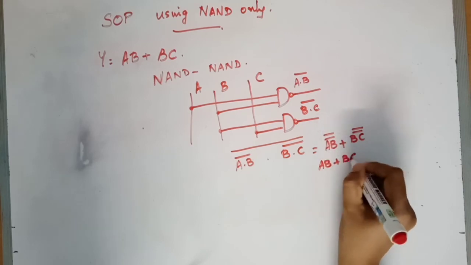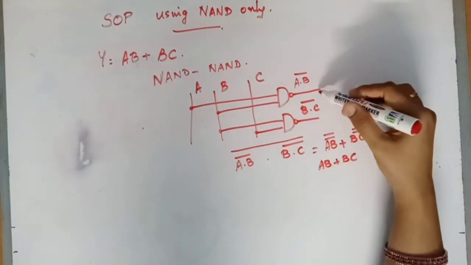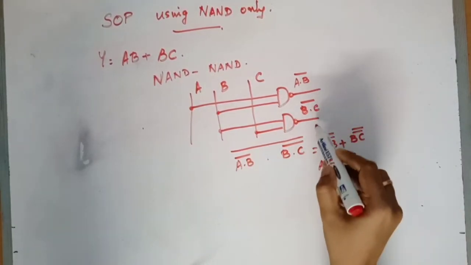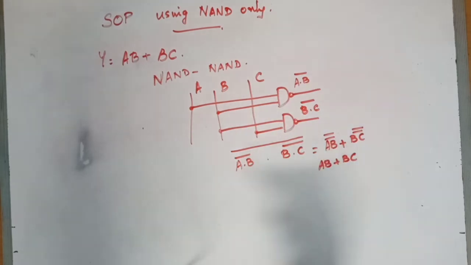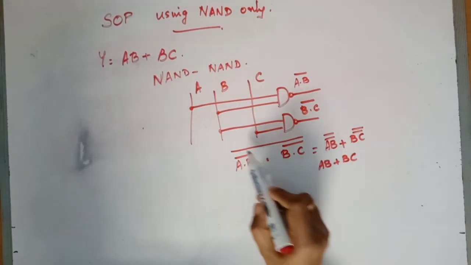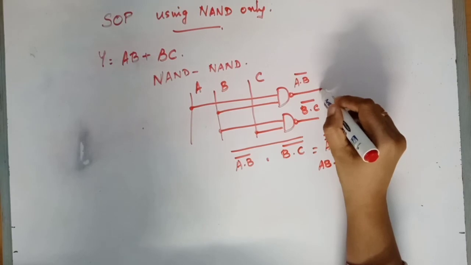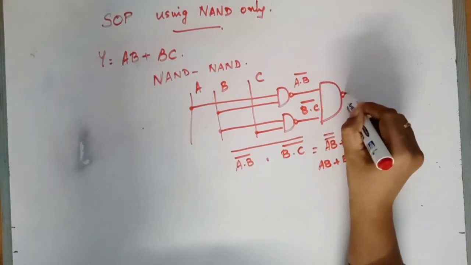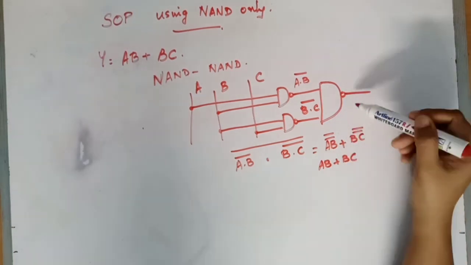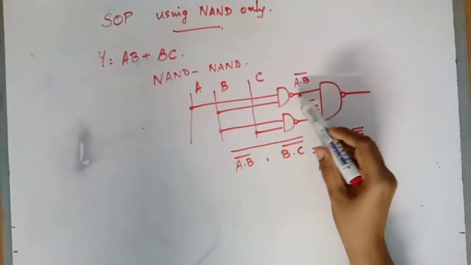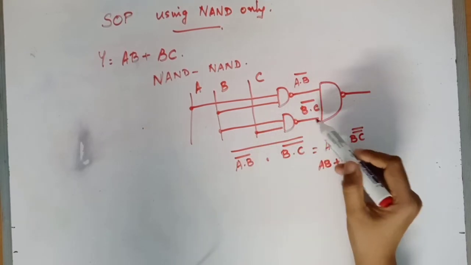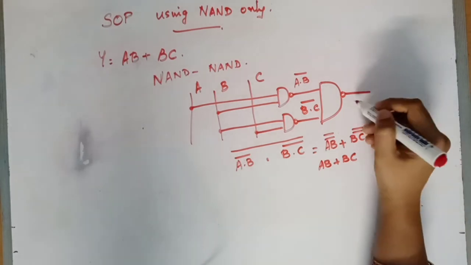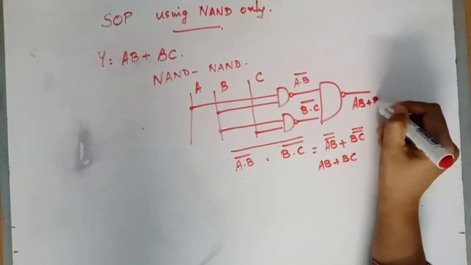So I have complements here; I need to just take the product of these two complements and then complement again. That is another NAND. So the output is A dot B complement dot B dot C complement, the whole complement. So what I get here is AB plus BC.